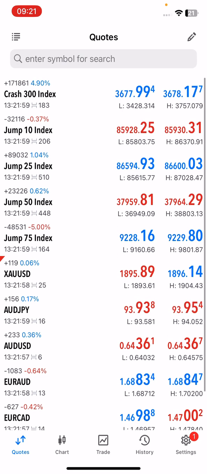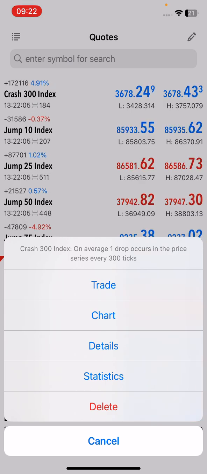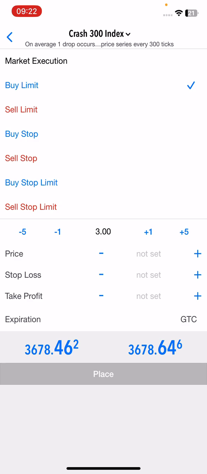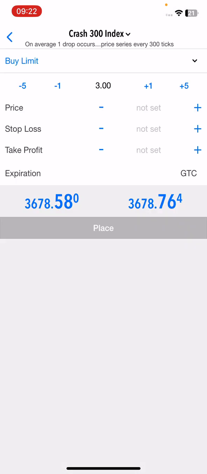If you click on Crash 300, we see trade, charts, details, statistics, delete and cancel. We are only going to make use of trade and charts. If you click on trade, you see something like this.